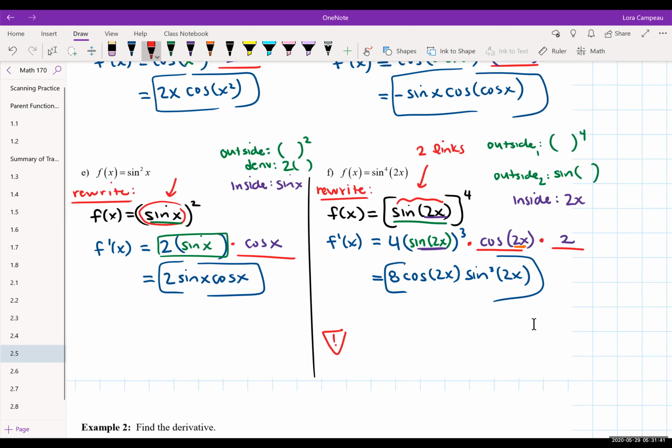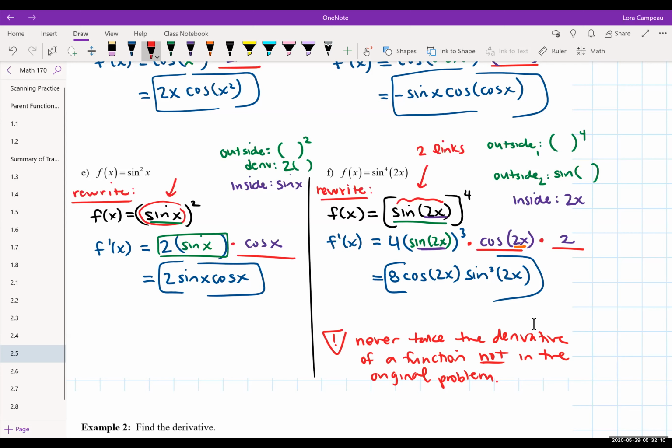We want to never take the derivative of a function that's not in the original problem. That should lead you in the right direction.